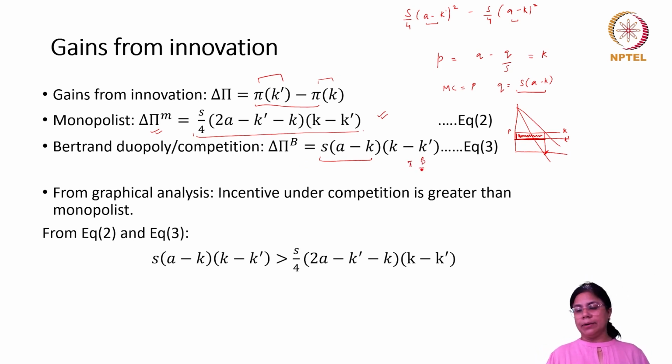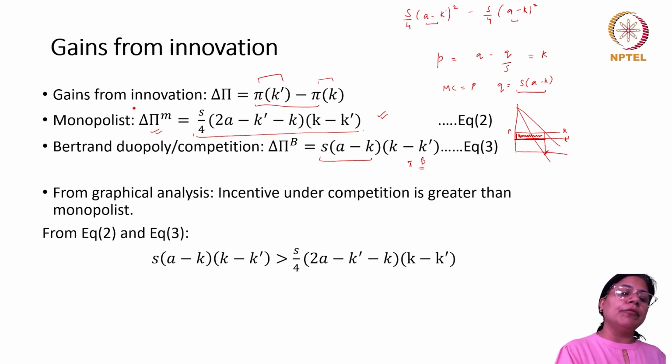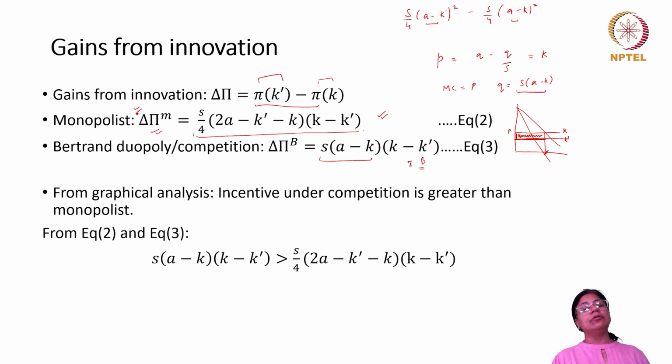And in order to prove now our earlier point where we have highlighted that the incentive under competition is rather large as compared to that of a monopoly, we have to now compare these two terms. Which two terms? The change in the profit for a monopolist when they engage in a process innovation, and the specific case of process innovation which we have taken is that of a non-drastic one, and the profit which will be made by a Burton competitor as compared to the other firm in the market when they once again reduce the price from K to K prime.